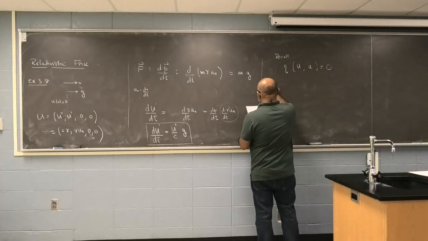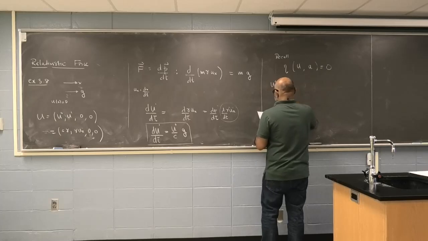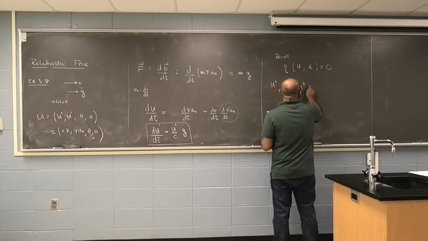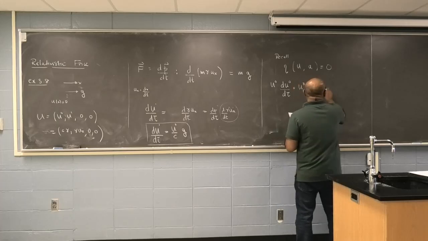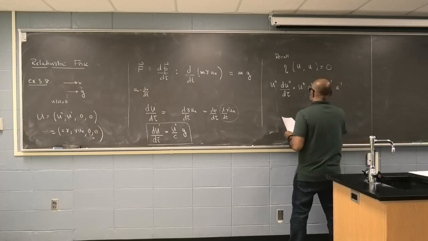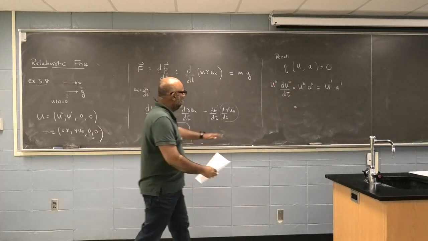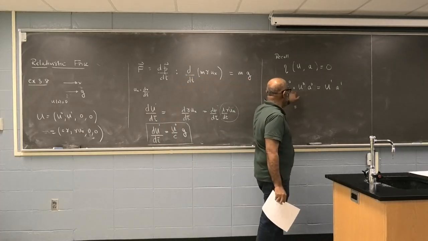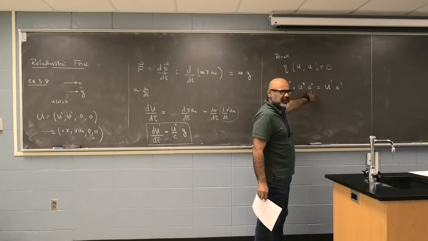And so, tell me where I get this from. Well, this is by definition. du0 d tau is the zeroth component of acceleration.